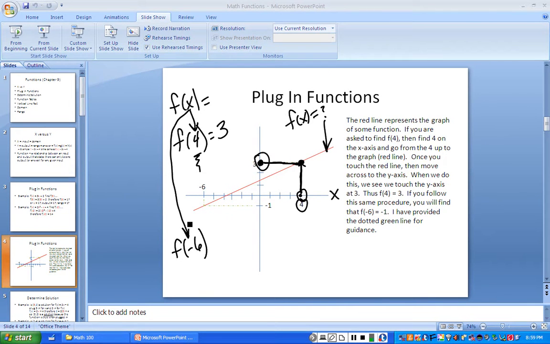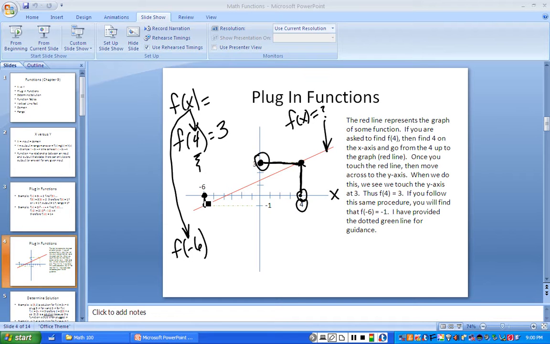If x is now -6, then I need to go to -6 on the x-axis. There it is. And from that, I go from the x-axis to the graph, wherever it may be. Notice over here, when we're at 4, we had to go up to get to the graph. Well, over here, we have to go down. So from our -6, we go down, and we touch the graph right here.